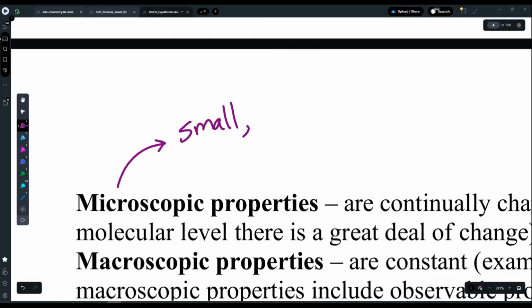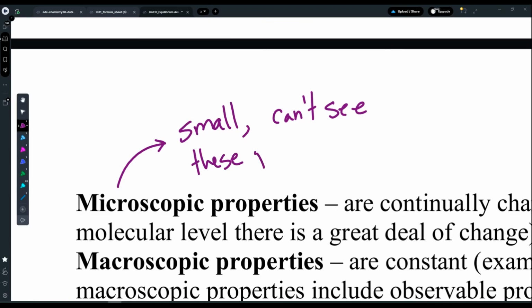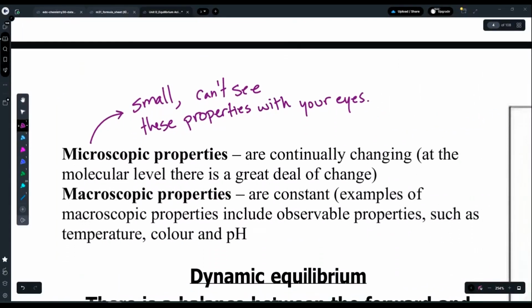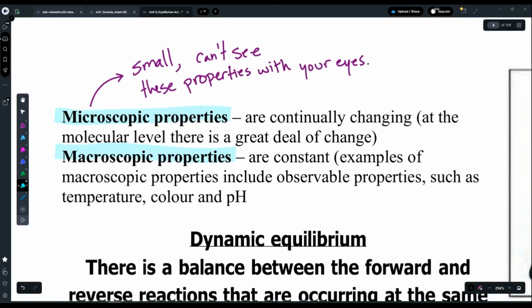This is what you won't be able to see with your eyes. Now, macroscopic, macro means big, so those are going to be what you can see.